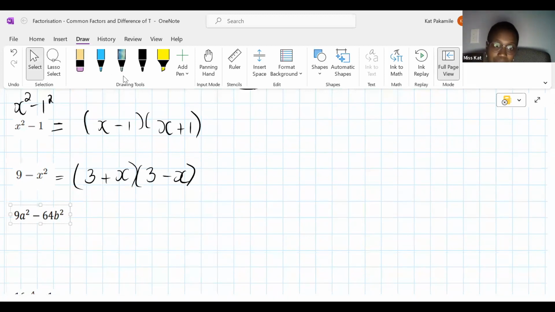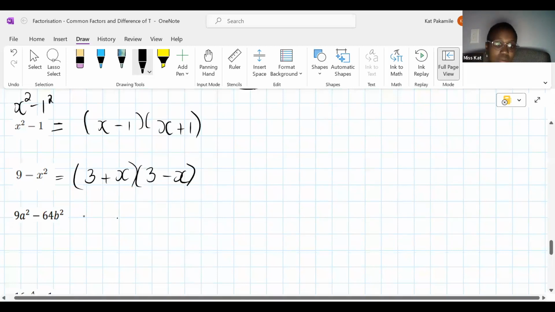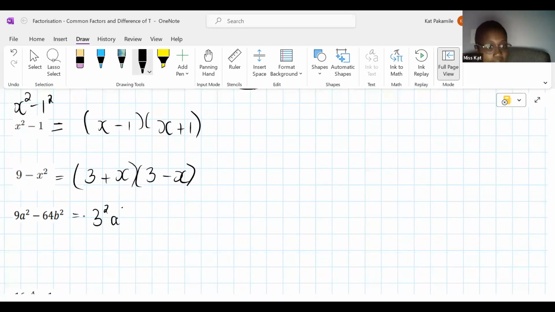Listen carefully, okay? What is the root of 9? Let's start there. It's 3, ma'am. So it's going to be 3 squared a squared minus, what is the root of 64? It's 8, ma'am. 8 squared b squared. Now let's write this in a nice way, okay? Do you remember the distributive law of exponents?